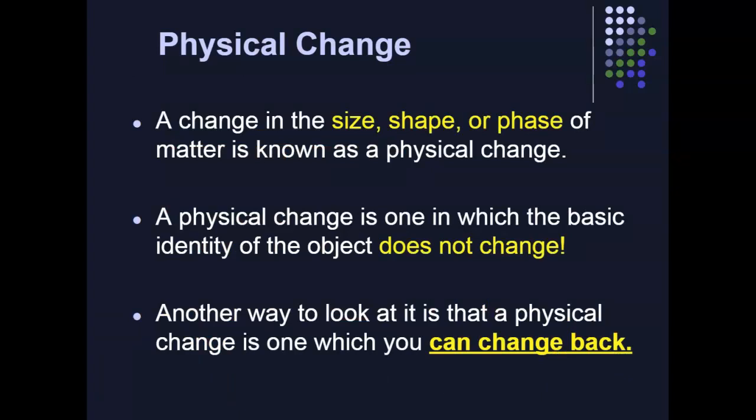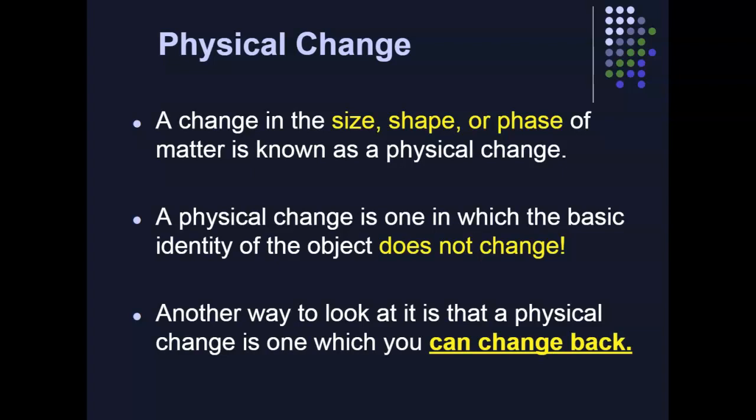So when we describe physical properties, we also have to be able to talk about their physical changes. In other words, when we talk about a physical change, we mean a change in size, shape, or phase. And by phase, we mean phase of matter, as in solid or liquid or gas. Okay, we are not changing the identity of the subject.